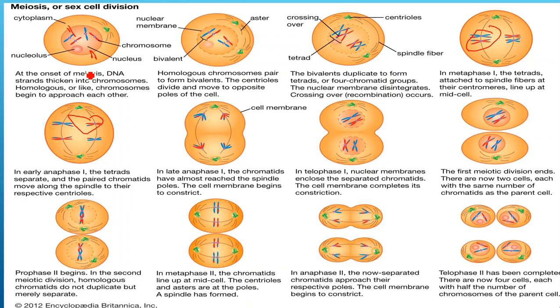Cytokinesis means division of the cytoplasm. So two steps are involved in cell division, karyokinesis and cytokinesis. Here you can see the nucleus is dividing first, then it is cytokinesis, your cell is dividing.